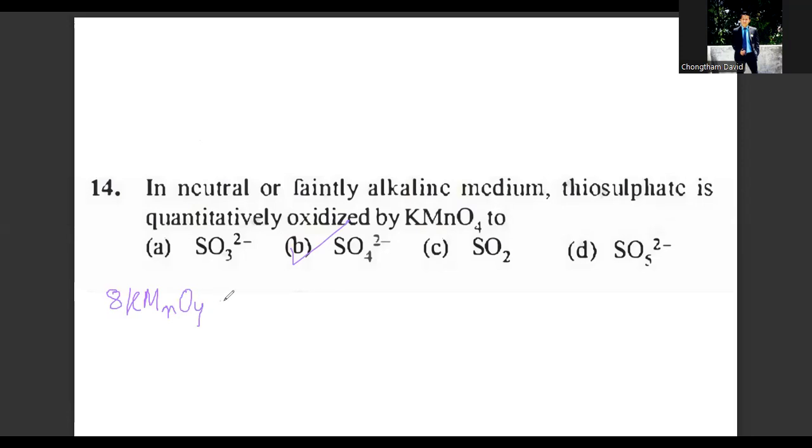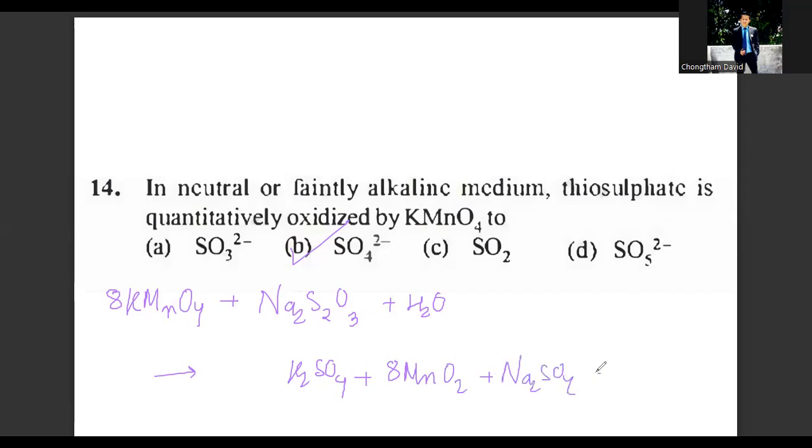KMnO4 reacts with thiosulfate, which has the formula Na2S2O3, and water. Then you identify the products: potassium sulfate, MnO2 (manganese dioxide), sodium sulfate, and potassium hydroxide.